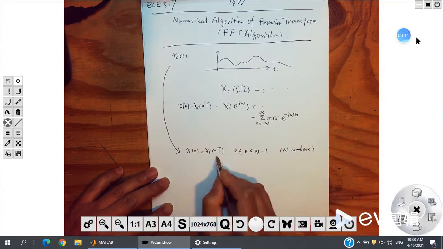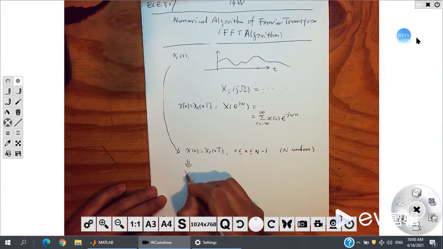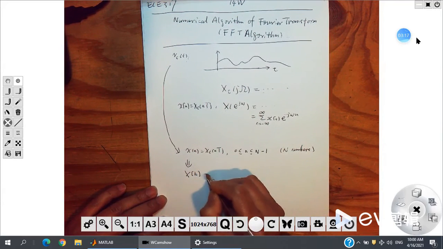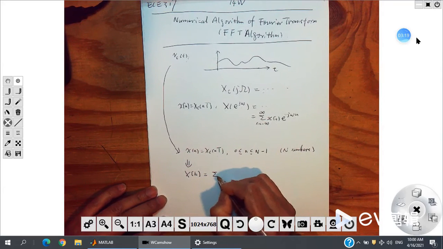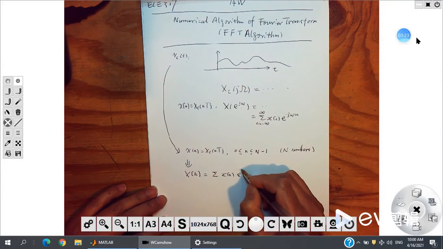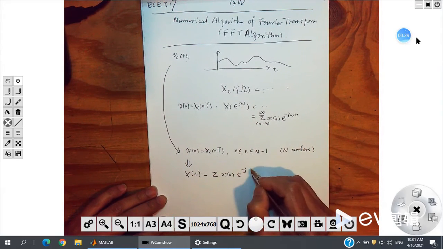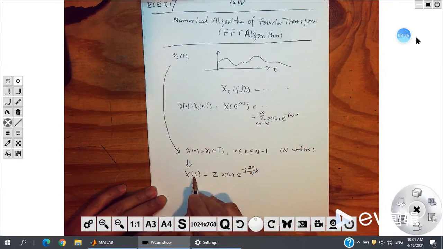Then we can have capital X of k equal to the summation of x of n e to the negative j omega n. Now omega is not all omega. We pick some omega, which is 2 pi over N times k, related with this k.